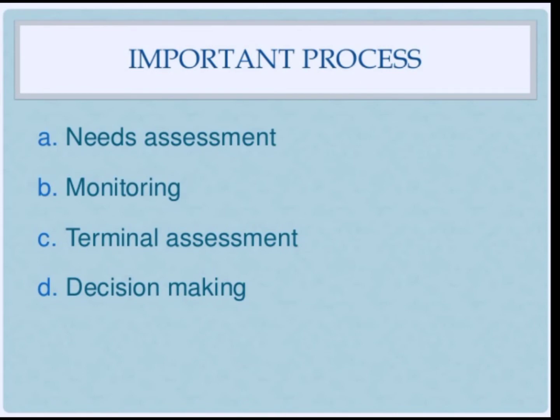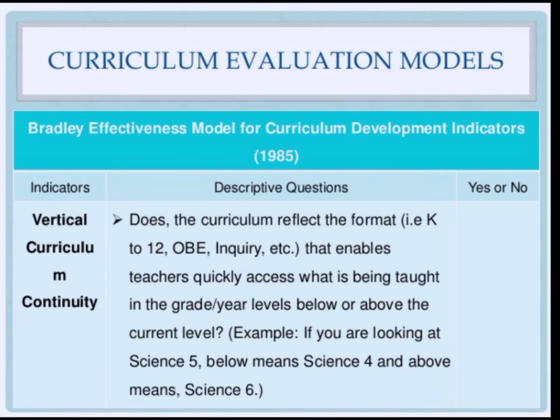The next is curriculum evaluation models. The first curriculum evaluation model is Bradley's. Bradley's Effectiveness Model for Curriculum Development Indicators, 1985. In 1985, Bradley wrote a handbook on curriculum leadership and development.